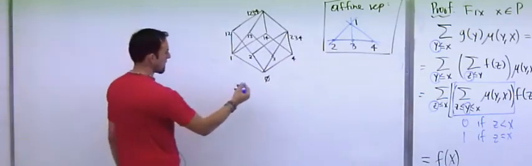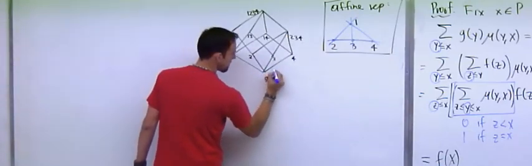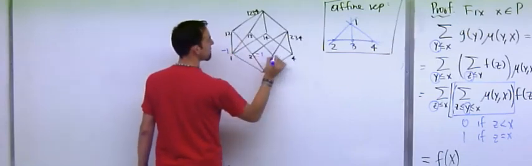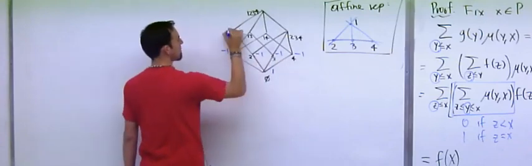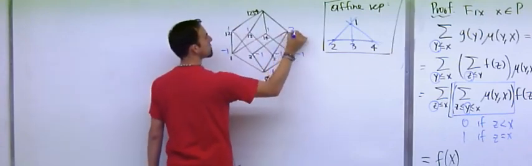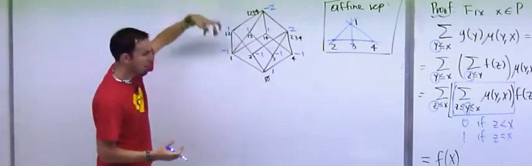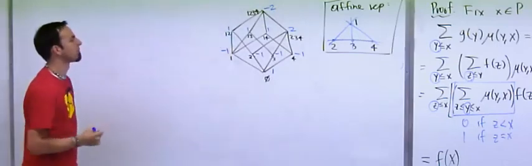Okay, and so what we did is we said we can compute the Mobius function of this guy. 1, minus 1, minus 1, minus 1, minus 1. 1, 1, 1, 2, minus 2. What we do is at each point, you just add up the things underneath, you flip the sign.